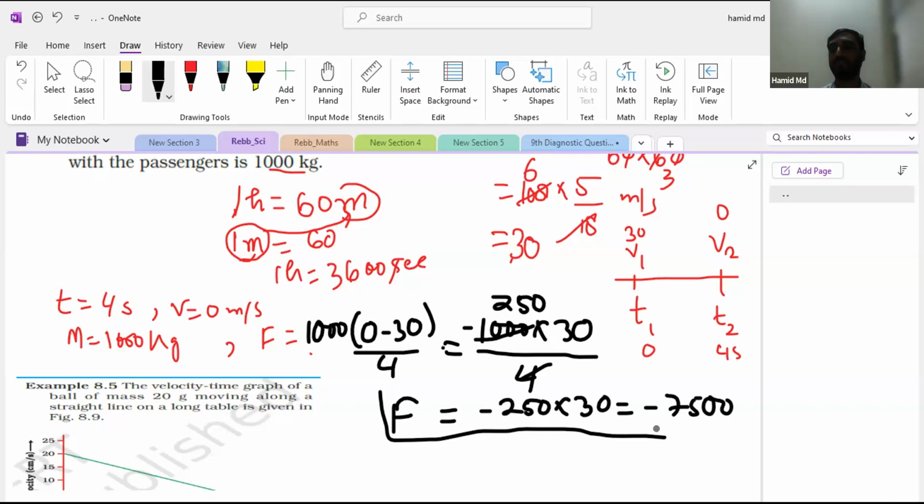if force is negative, that means you are working on something. If you are pulling a ball or something, if you are applying force, that is moving away. But if it's negative, it means that force is now opposing that motion.